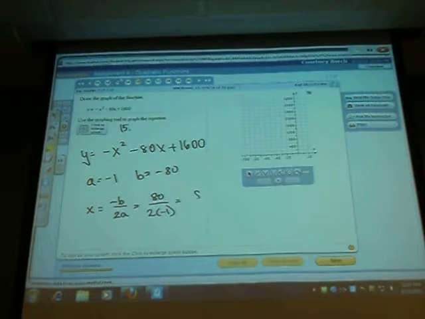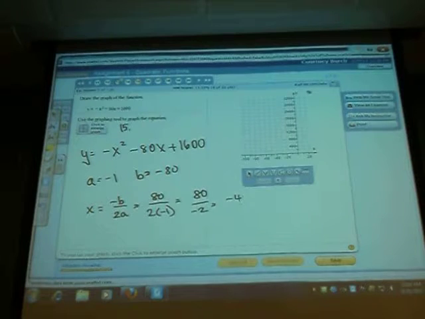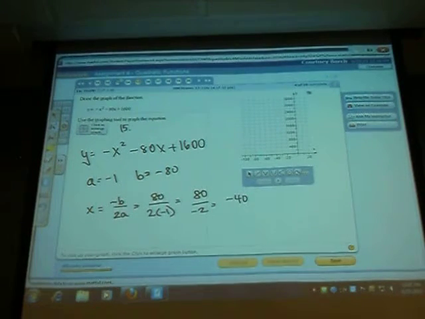I get 80 over negative 2 is negative 40. Alright. Now what was your question about that? You're saying do I make it positive like I would in the vertex form? Yes, I mean... No, this is standard form. Vertex form is separate. Vertex form would only apply when they give you an equation for vertex form and you just want to find the vertex. How would I work this out?